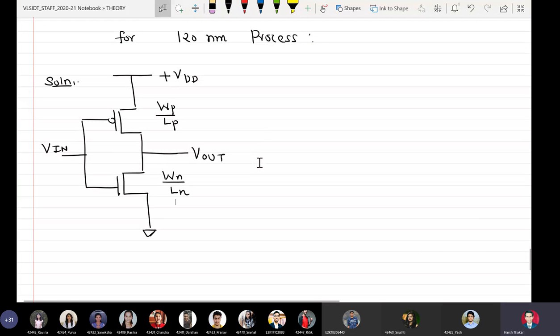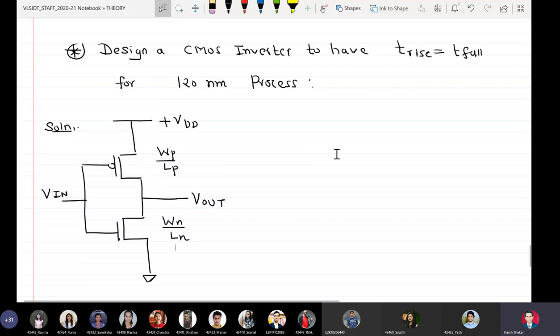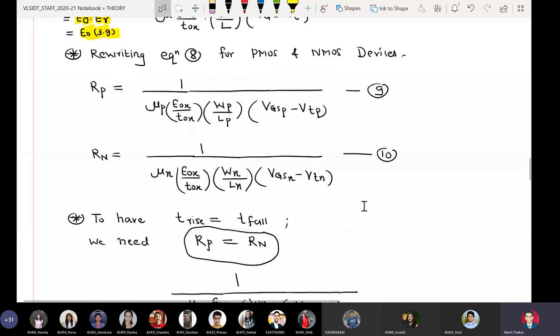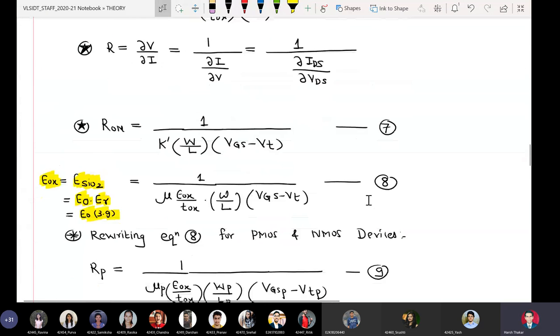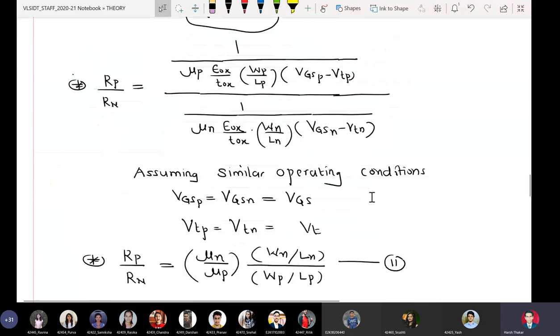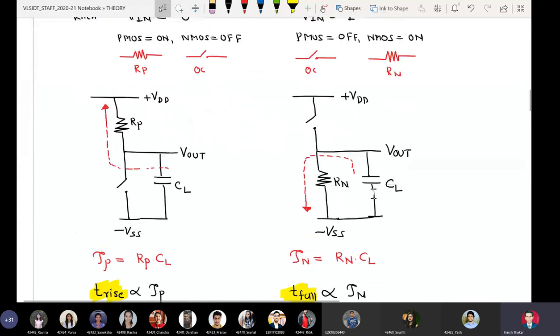So see, there are certain axioms involved in this solution. The first axiom is this, as we told. So understand that this 120 nanometer is actually the value of L. Okay, and already we have told here that Lp is equal to Ln equal to L in equation number 3.